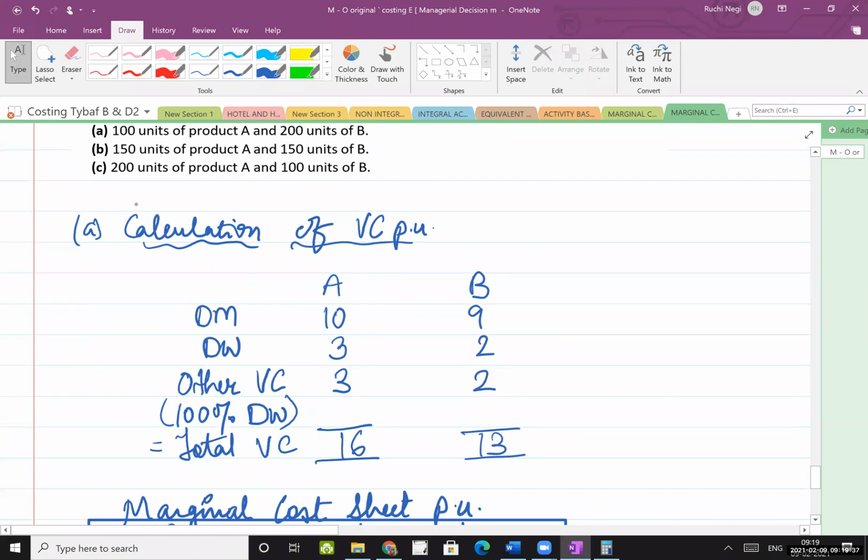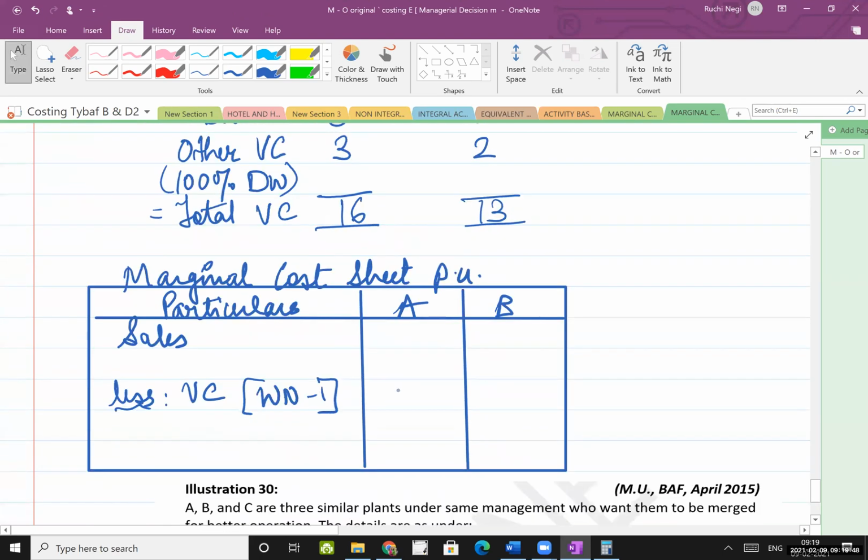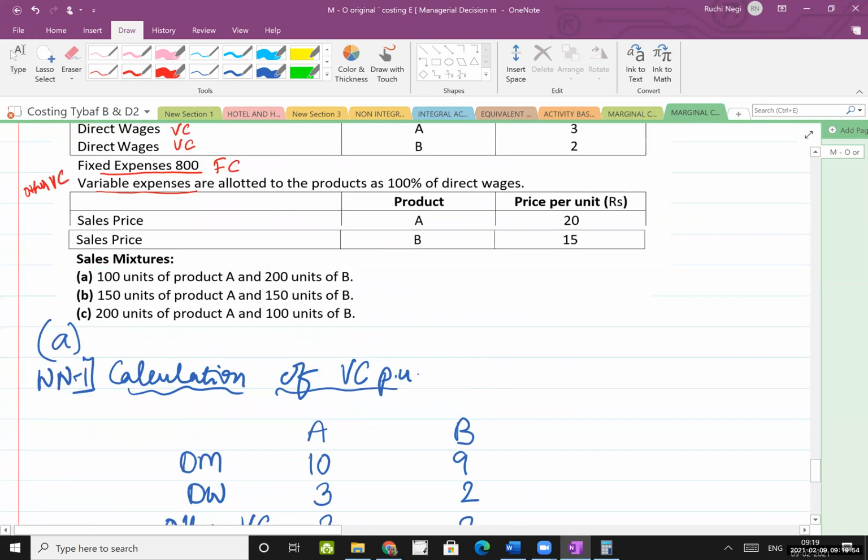Okay, this part. This is the A part of the question, and in that this is working note number 1. Okay, like this. This is 16, this is 13. Selling prices 20 and 15.